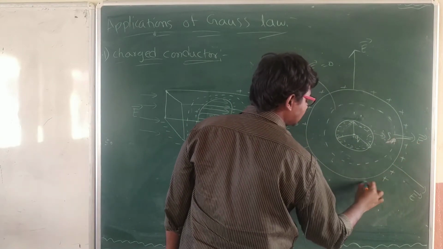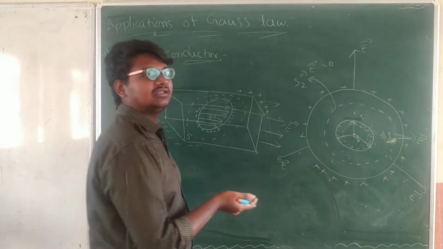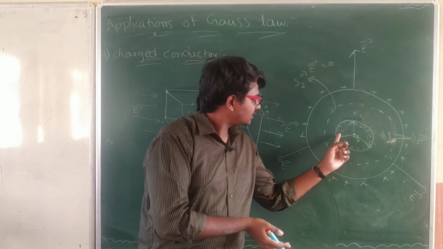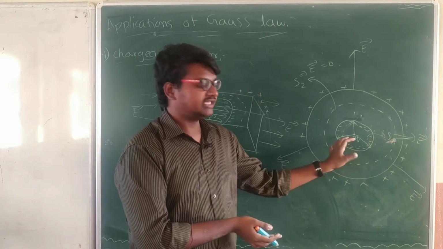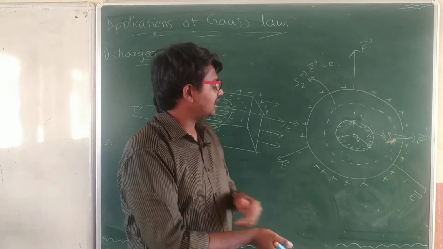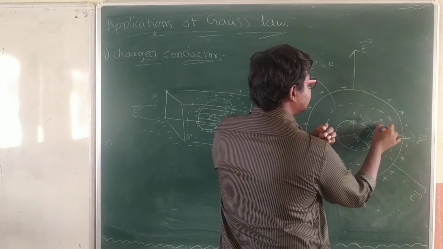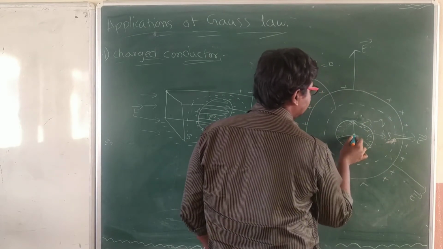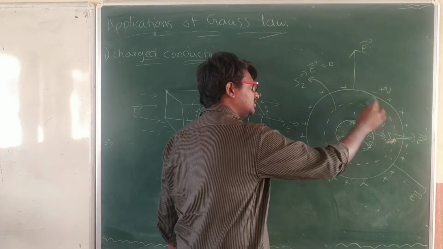It means positive charge is going to be distributed on the surface of the shell. For example, here minus Q charge is there on the cavity. On the cavity we are able to observe minus Q charge, inside plus Q, then again outside it will be plus Q.